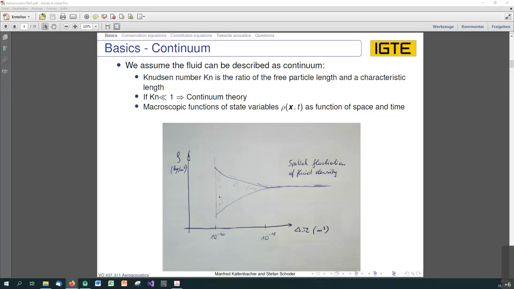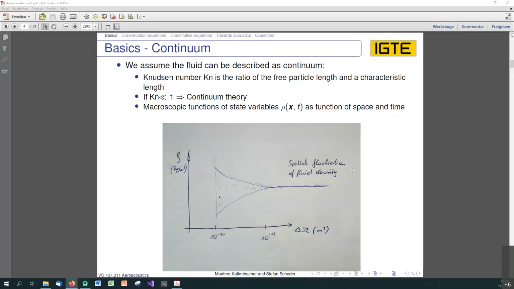And if there's no particle, the density is low. So therefore you have a range of densities for very tiny subvolumes. And as we go more to the macroscopic scale, this density is more or less an average representation, so a macroscopic function.